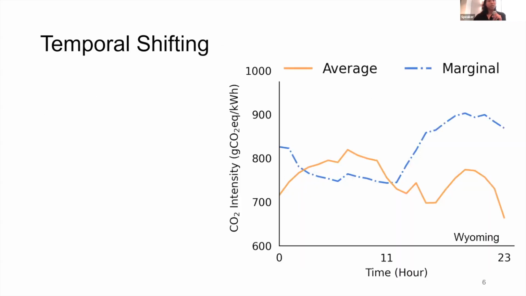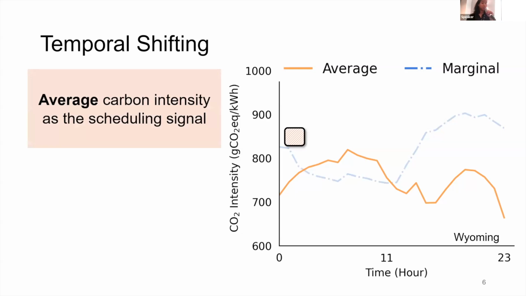Let's look at temporal shifting. Here are example average and marginal carbon intensity signals from Wyoming on a given day. You can either use the average or marginal carbon intensity signal to schedule your workload. If you use an average carbon intensity signal, you would shift the workload to the low carbon period based on the average carbon intensity signal, as follows.